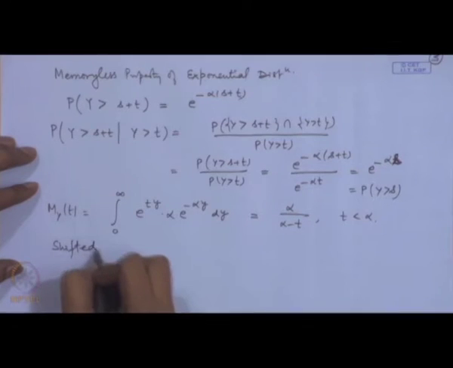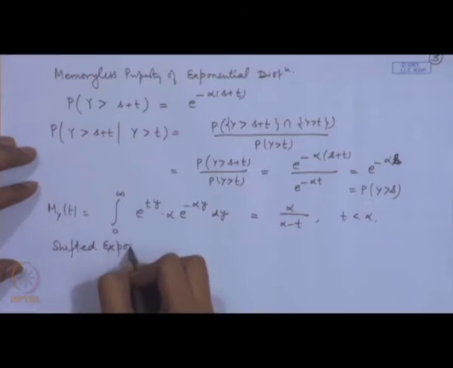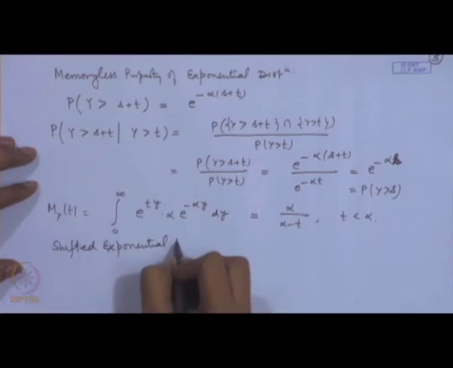However, many times there is a hidden guarantee given that it will not fail before a given time, say 1 hour, 1 month, or 1 year. When we purchase a product, there is a guarantee given, and therefore, the distribution will be starting after that. So, this is known as a shifted exponential distribution.